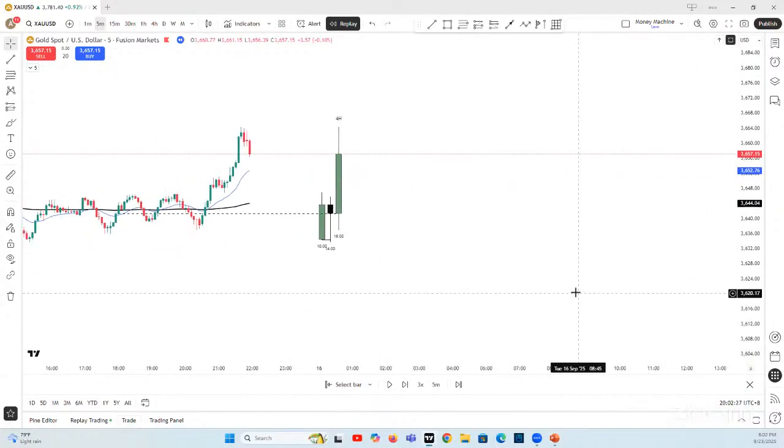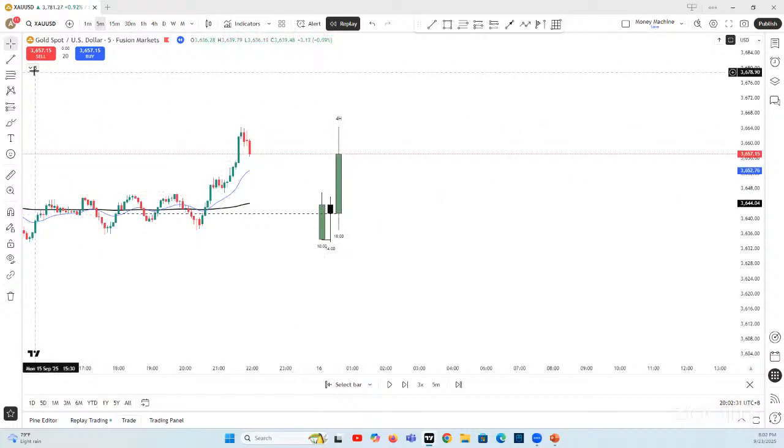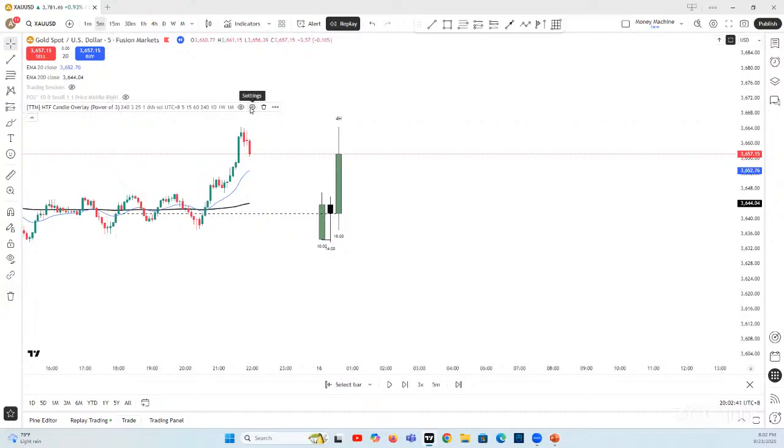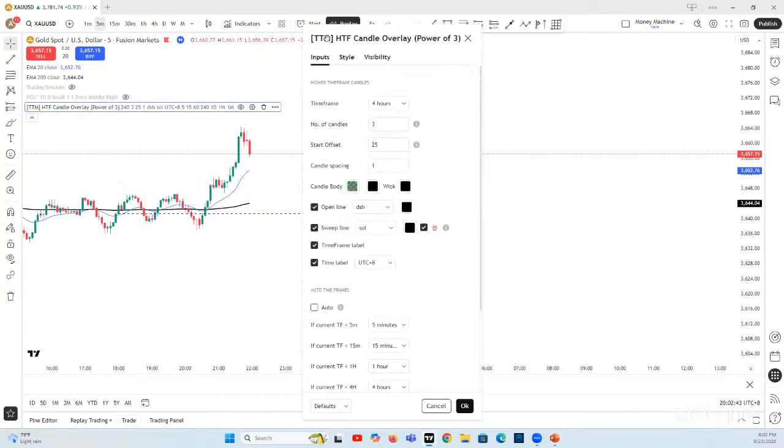Okay. So what you're seeing here, there's one indicator. It's called the TTM HTF candle overlay, Power of 3. Screenshot this. You can search this in TradingView: TTM HTF candle overlay power of 3.